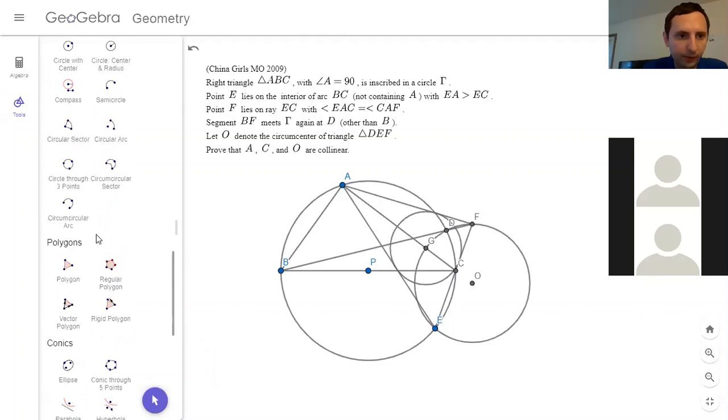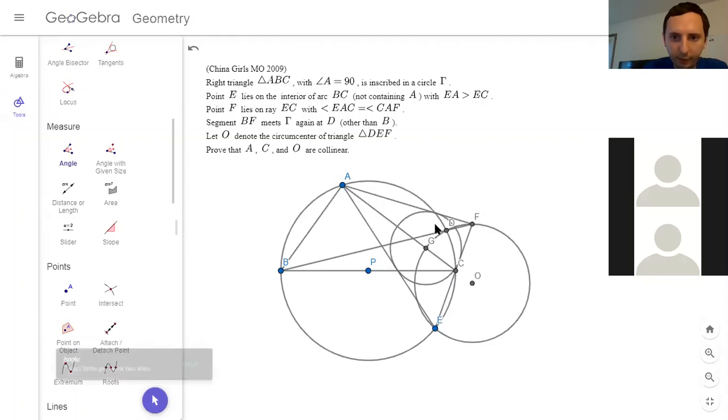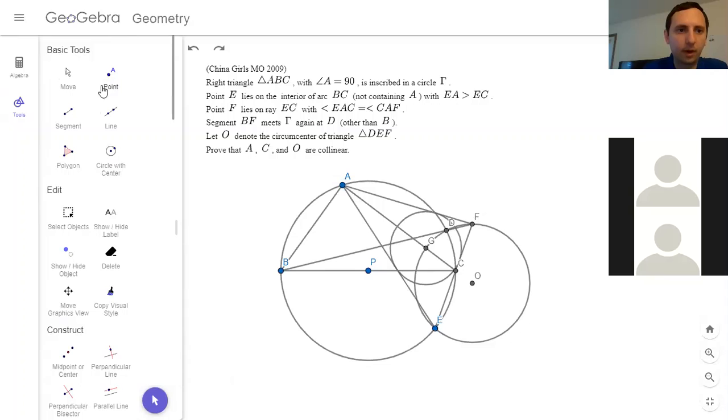So you said FDC is 90 degrees? Yeah. And then, so FDC is 90, and what did you say is half? CDE. CDE. Yeah, because it's the angle bisector.